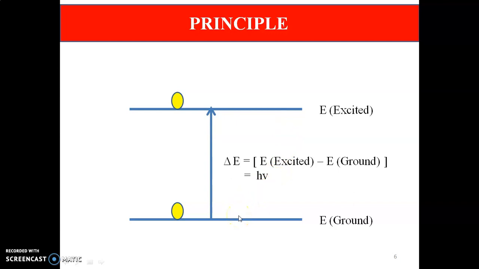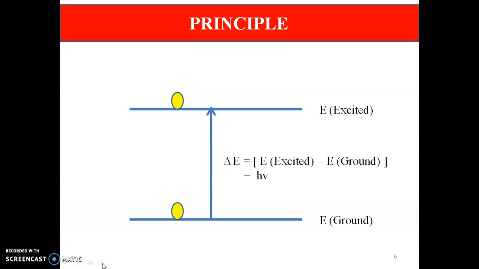Absorption of electromagnetic radiation in the visible or UV region by a molecule is due to the presence of a chromophore in the absorbing molecules. A chromophore is a covalently unsaturated group responsible for absorption of electromagnetic radiation in the visible or UV rays.